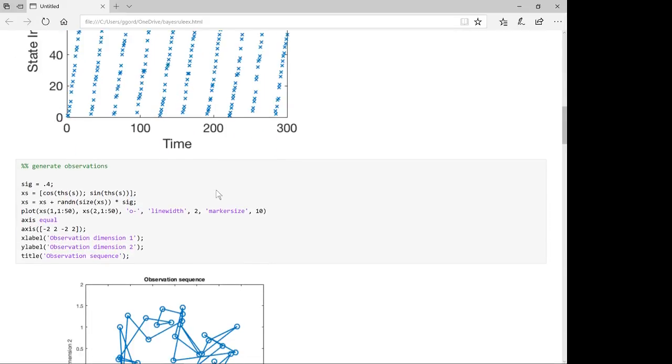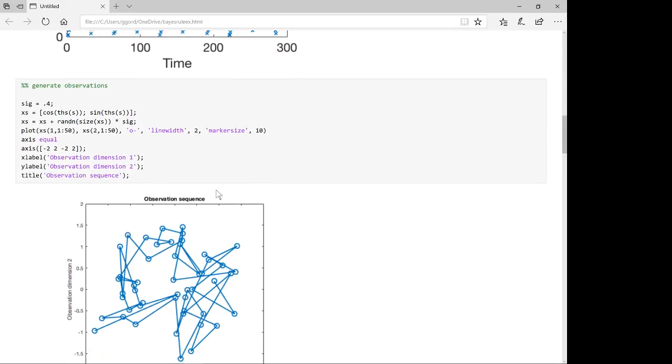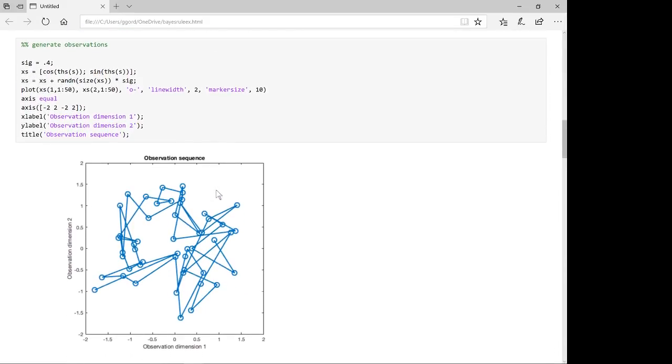So what are we going to see? What we're going to see is a real number, basically going around and around in a circle.